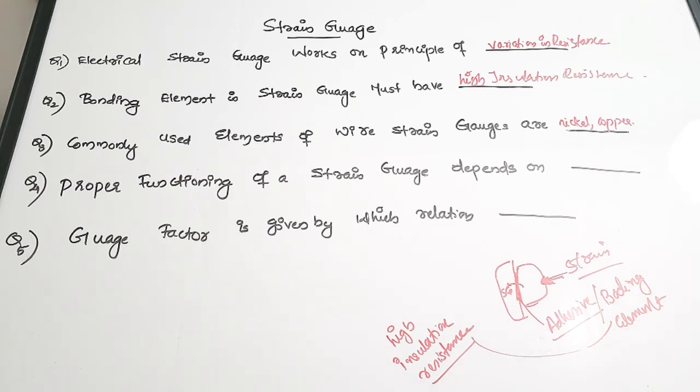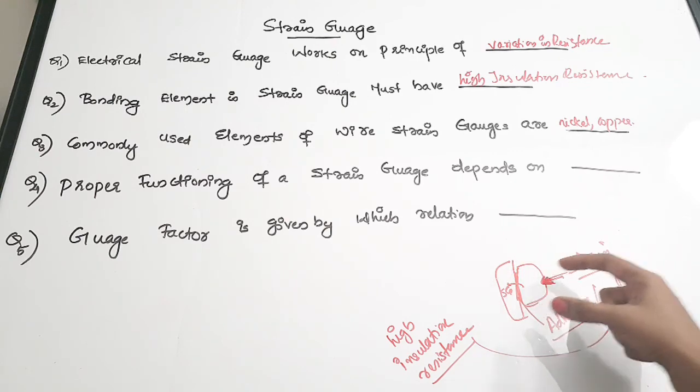Fourth question. Proper functioning of strain gauge depends on dash. The options are A, strain, B, stress, C, bonding, D, length of wire. So the proper functioning of a strain gauge actually depends on the bonding.